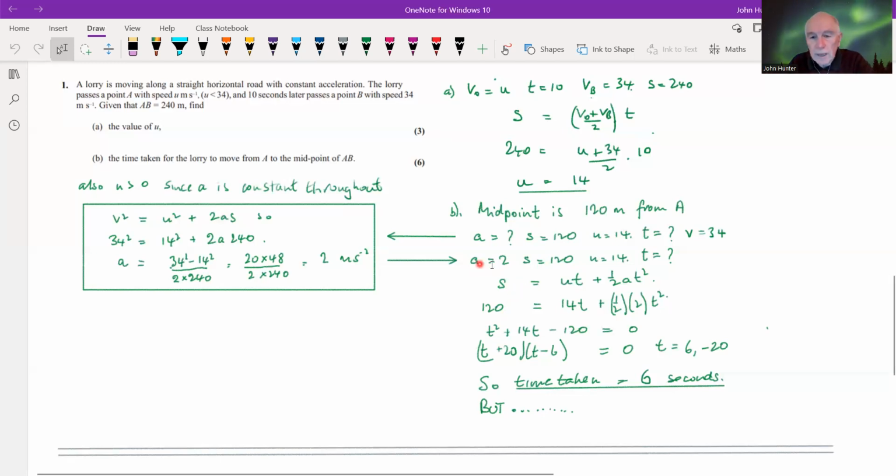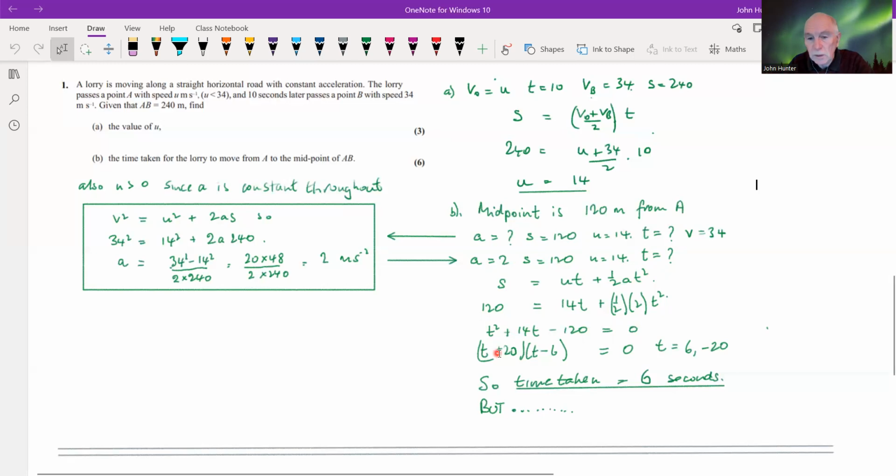So what have we got? a equals 2, s equals 120, u equals 14, t we don't know, so we can bang in this equation here, s equals ut plus a half at squared. And yeah, if we substitute what we know into there, then we actually end up with a quadratic in t.